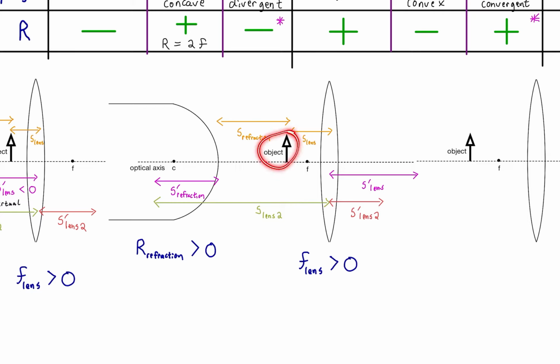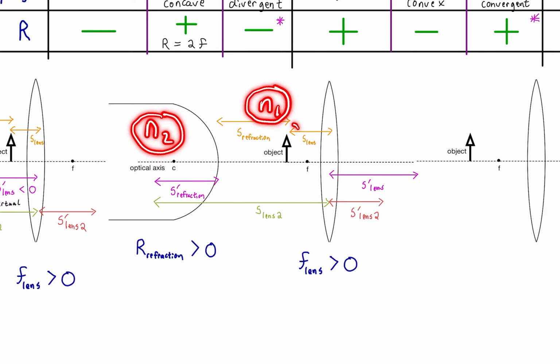In this case, since the object is outside the focal length of the converging lens, the primary image from the converging lens is real. As far as the image created by the refracting surface, that's going to depend on the values of N2 and N1. Notice N2 is within the material, because that's not where the object is located. N1 is where the object is located, so it would be the fluid over here. Depending on what those values are and how different they are from each other, we could have either real or virtual images formed from the refraction.